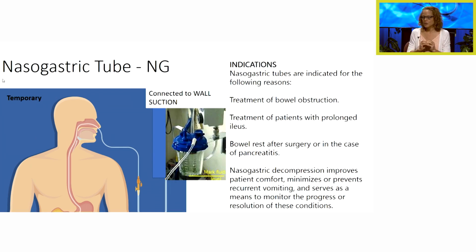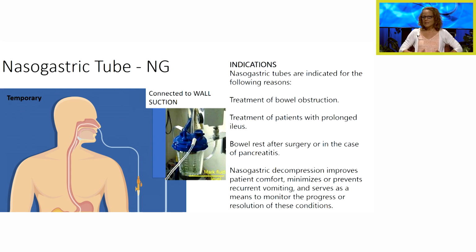An NG tube is more of a temporary way of giving bowel rest. A nasogastric tube is indicated for the following reasons. We might put an NG tube down when our patient has a bowel obstruction, meaning that there's an obstruction in the bowels, and so things are not moving through the intestines and out the other end.